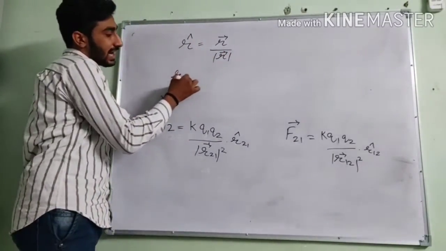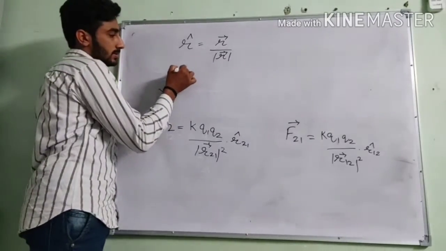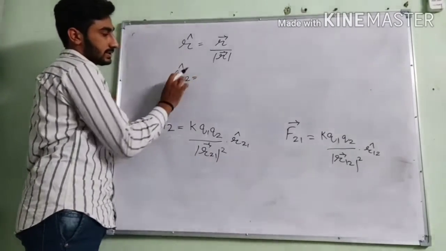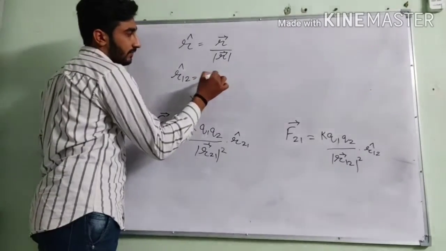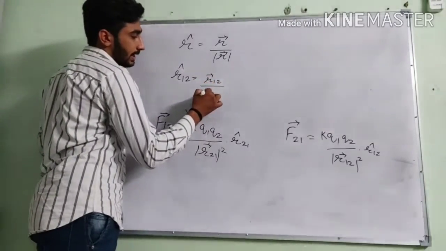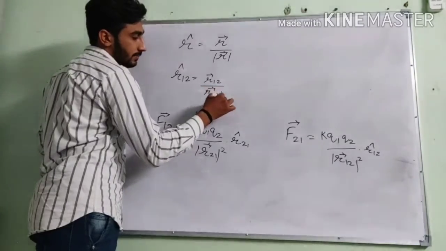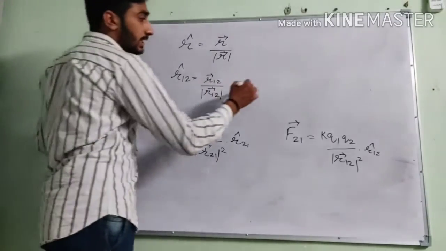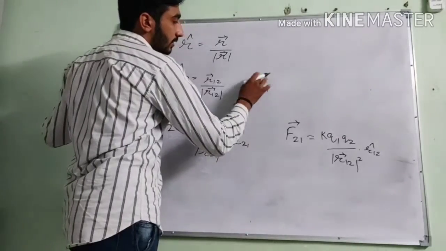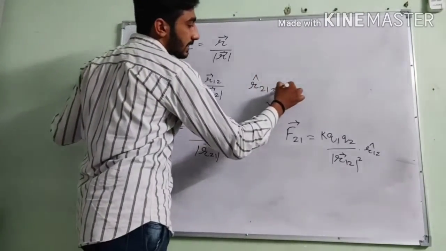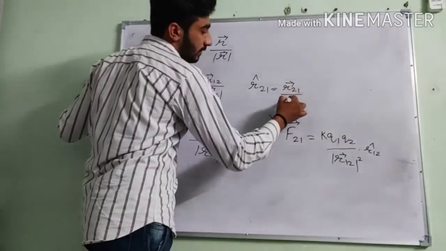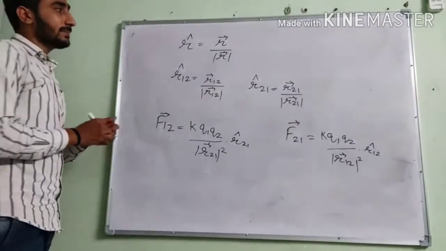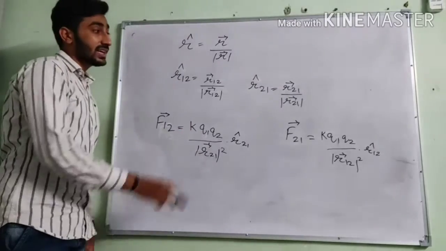So we can write R12 cap as R12 vector over R12 vector's magnitude, and R21 cap as R21 vector over R21 vector's magnitude. Simply the magnitude is cancelled and just the direction remains.